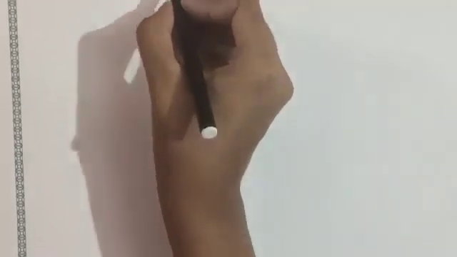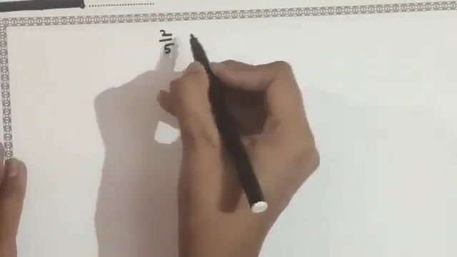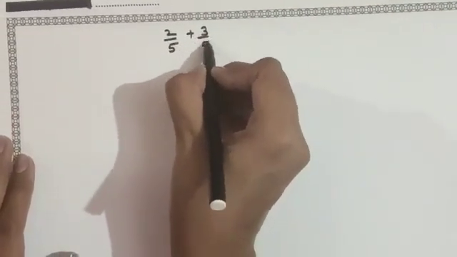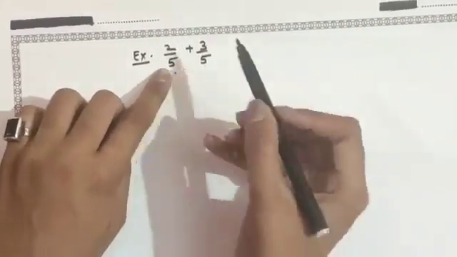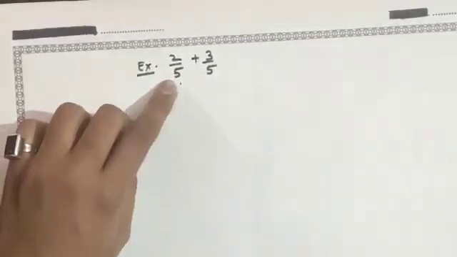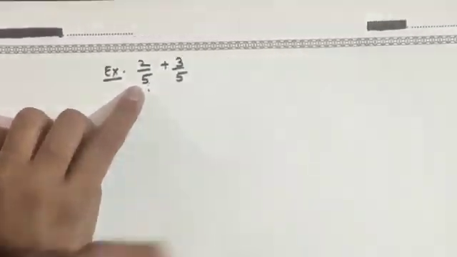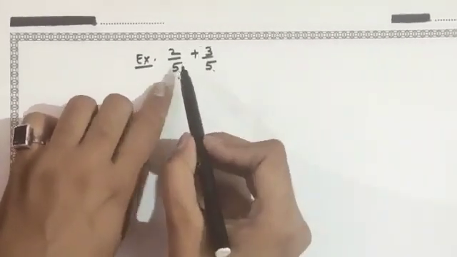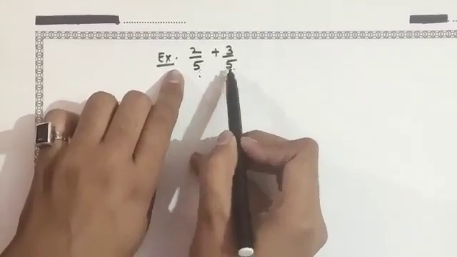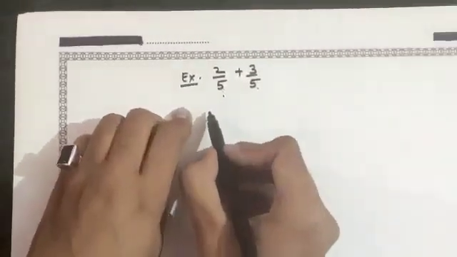For example, 2 by 5 plus 3 by 5. So 2 by 5 is a rational number, right? Because p and q are integers and q is non-zero. 3 by 5 is a rational number, right? So we have to test whether their sum is a rational number or not. Let us do the sum.